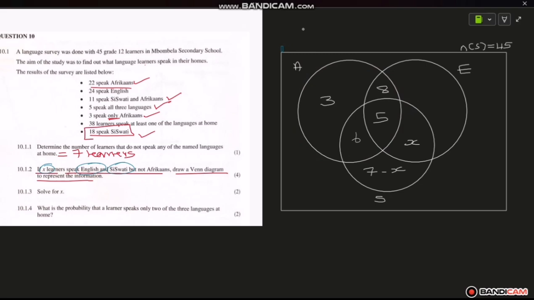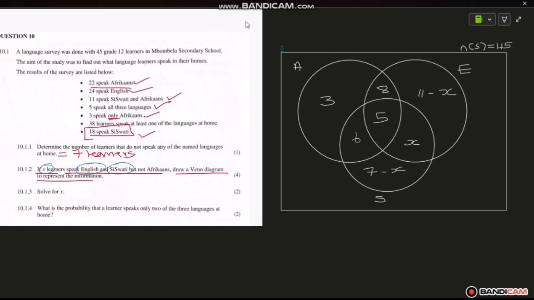I hope you guys are understanding this. So 24 speak English, and this 24 is also for the entire English event. Therefore, 24 minus 8 minus 5 minus X. We're going to get that empty space on the English event. So it's going to be 11 minus X. I hope it makes sense.